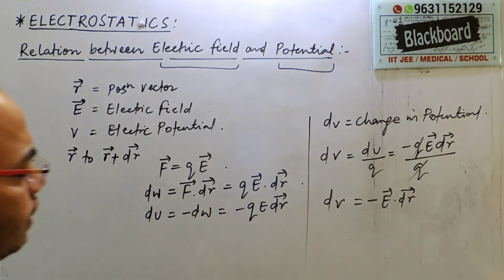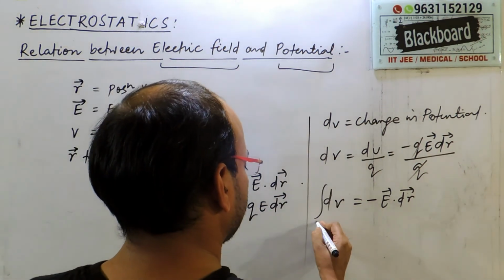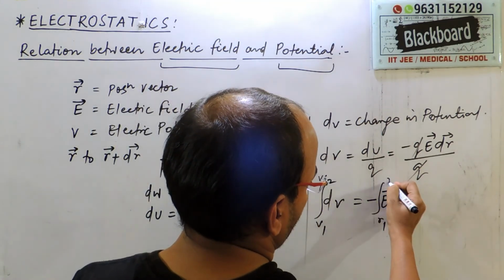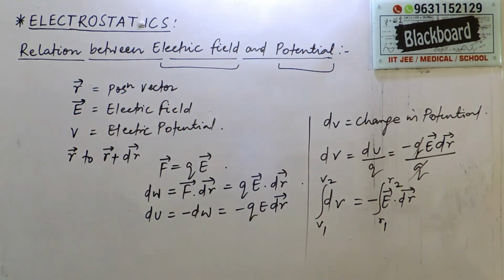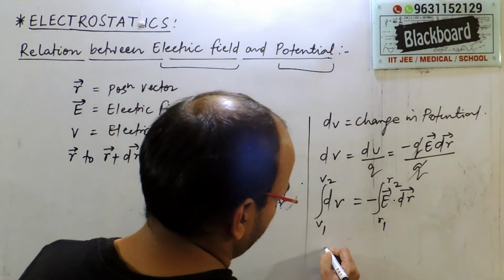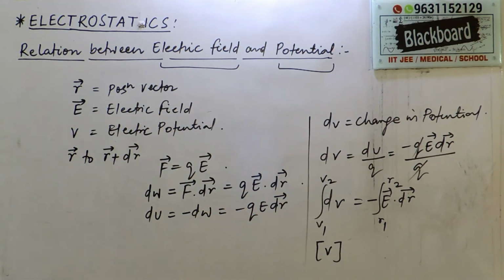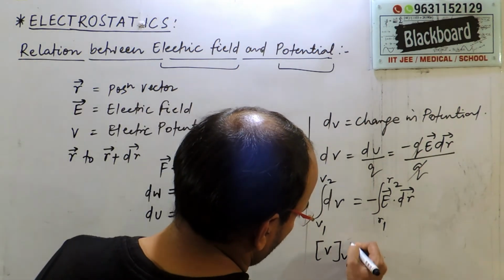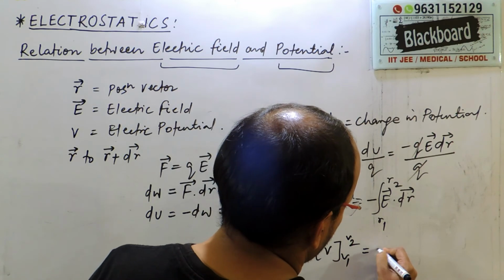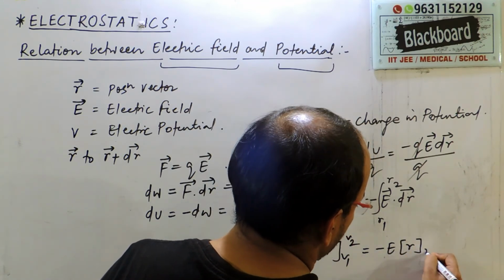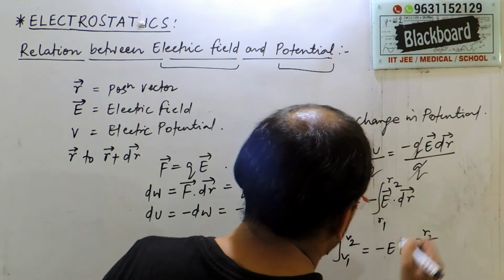Now you can integrate. Now we integrate from V1 to V2 and here R1 to R2. Now the integration of dV is V. So for dV we write V, and now put the limit. The limit is V1 to V2, and here minus E dr integration is r, from R1 to R2.